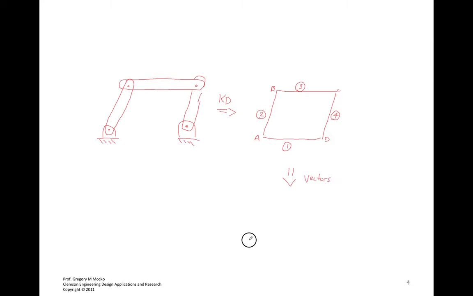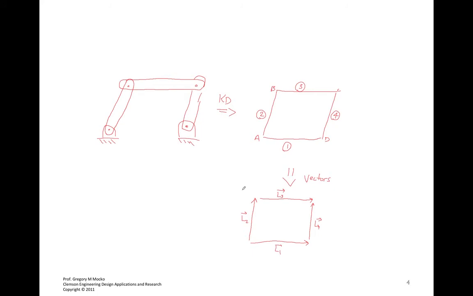And we can represent it as vectors, okay? And there's not going to be a big difference between the kinematic diagram and the vectors. We've got vector 2, vector 3, vector 1, and vector 4.